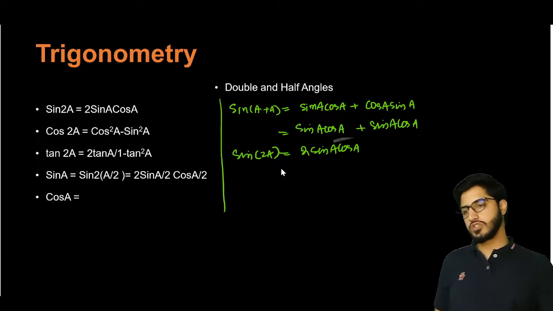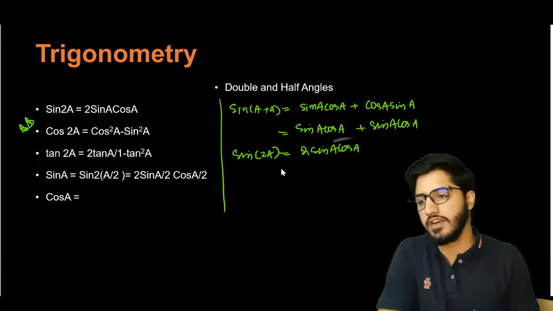Okay. Now we have cos 2A. This one is important. How can we manipulate cos 2A?